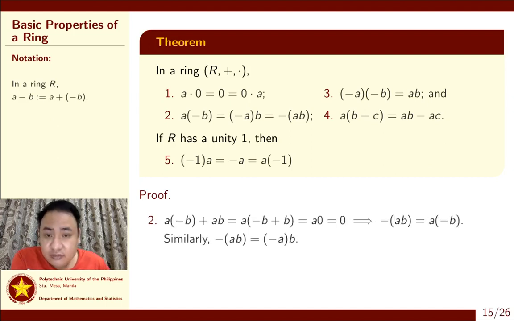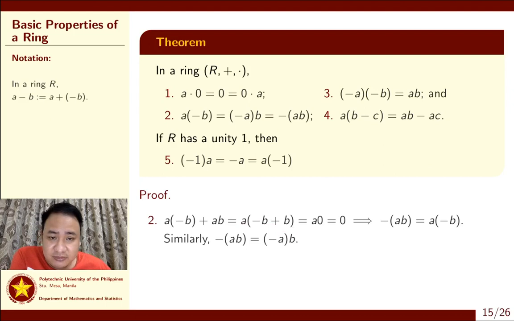Alright. For the next property, when you look at A times minus B, gusto mo ipakita na siya ay negative ng A times B, that is the same as proving that the sum of these two should be 0. So, kapag inadd natin sila, by the distributive property, pwede mong ilabas yung A or i-factor yung A palabas.